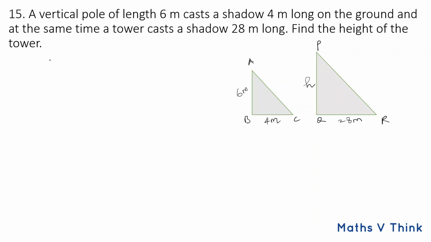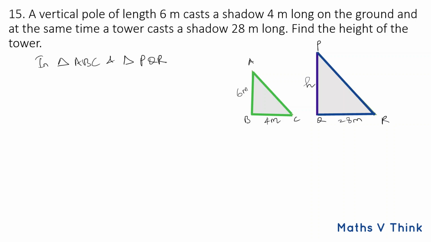Now we need to take triangle ABC and triangle PQR. In the question they are telling that at the same time, means the sun rays are reflecting on the pole and the tower at the same time.